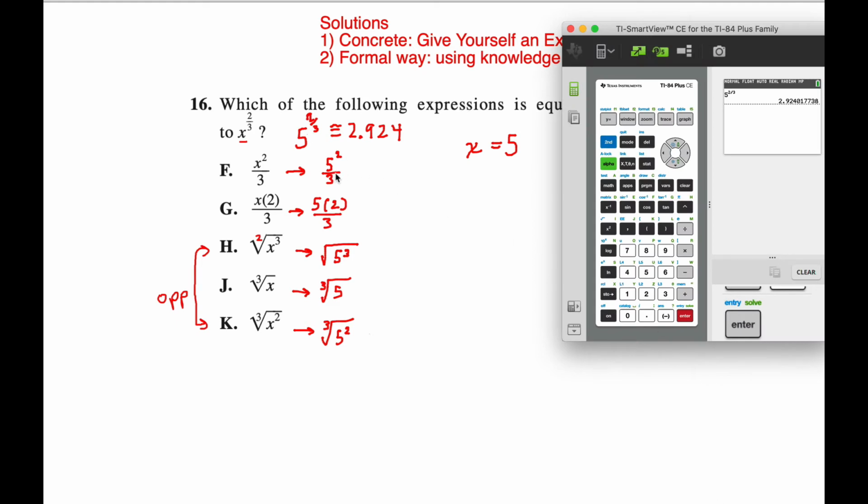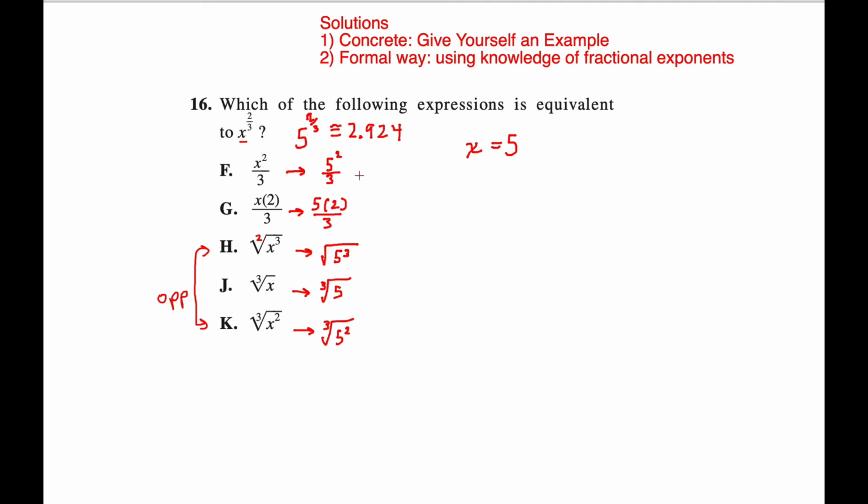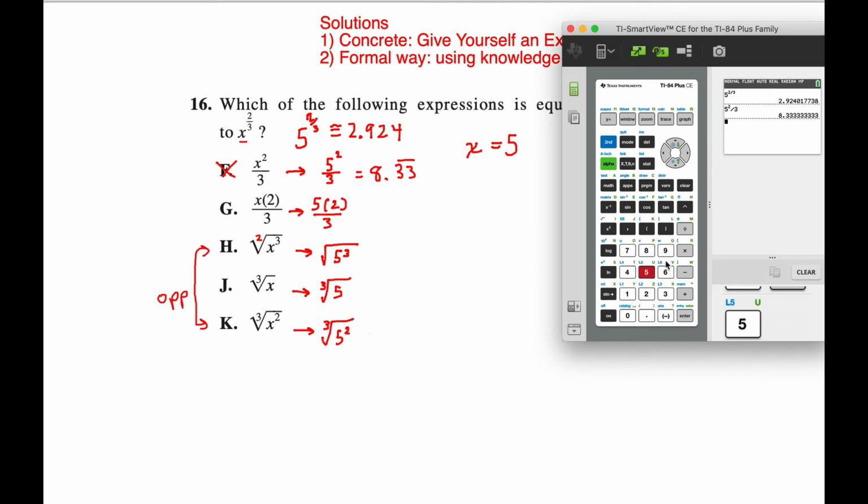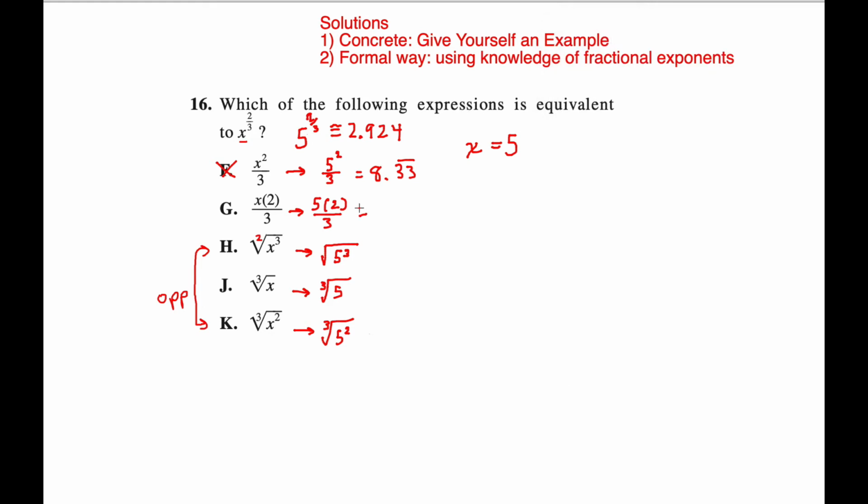So answer choice F is 5 squared divided by 3. So 5 squared divided by 3, and that gives us 8.33. So equals 8.33, which is not going to be our answer. Answer choice G is 5 times 2 divided by 3. 5 times 2 divided by 3, and that is 3.33, repeating.